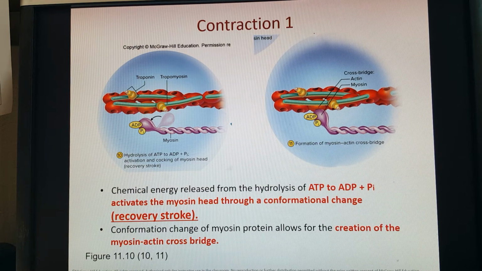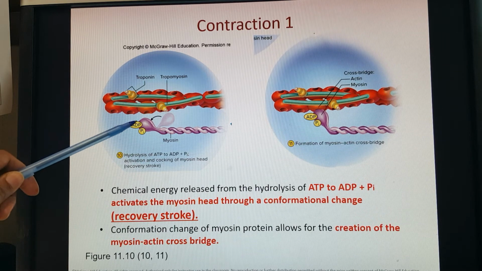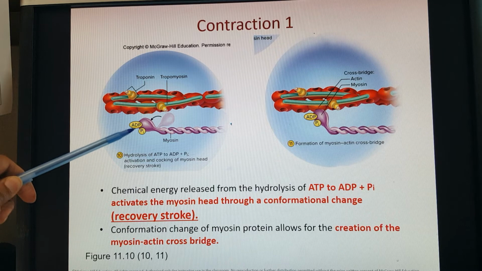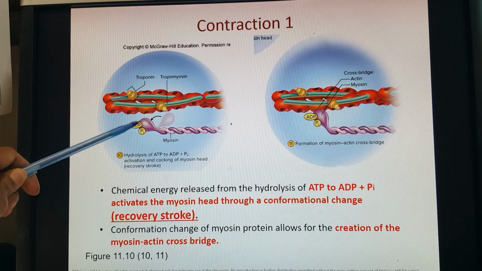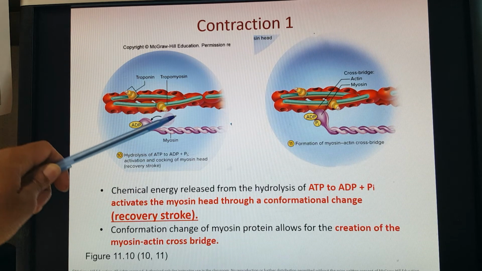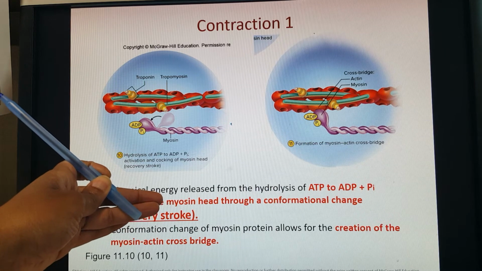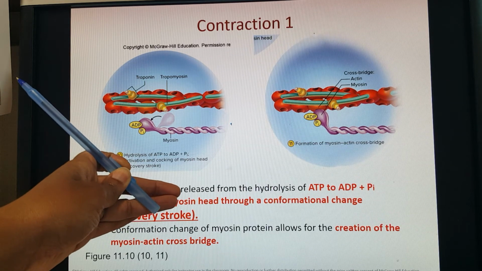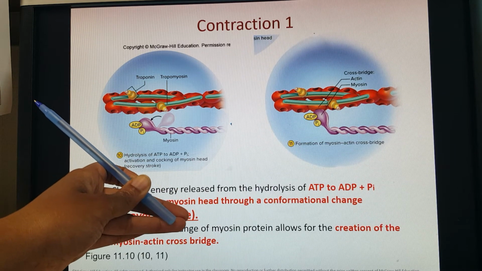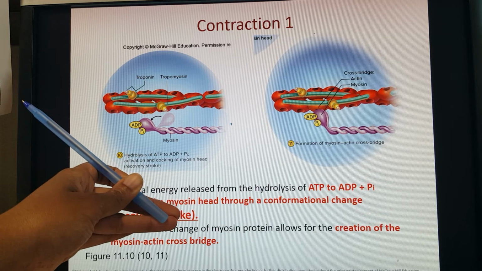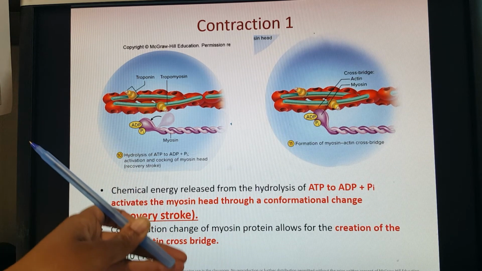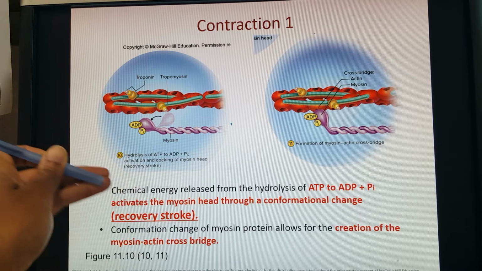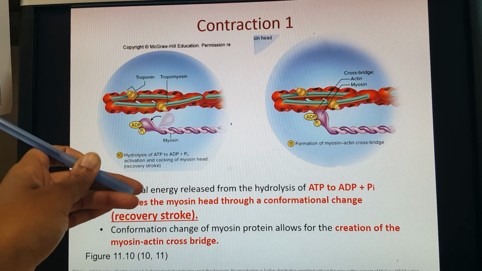So in order to get the myosin head in the correct position for binding, an ATP molecule binds to that myosin head. When it goes through hydrolysis, so we're breaking that bond, releasing the energy, causing a conformational change that's going to put the myosin head in the correct position. So this powers up our movement for our contraction.